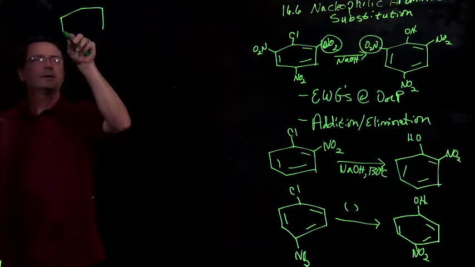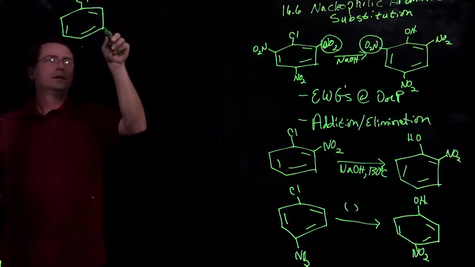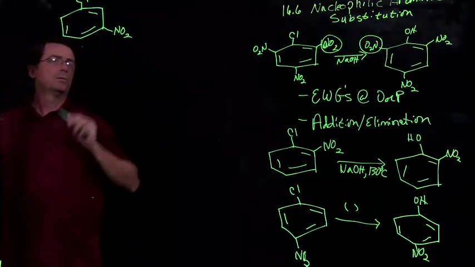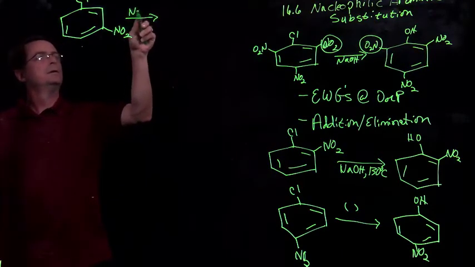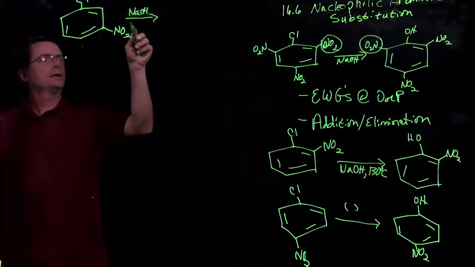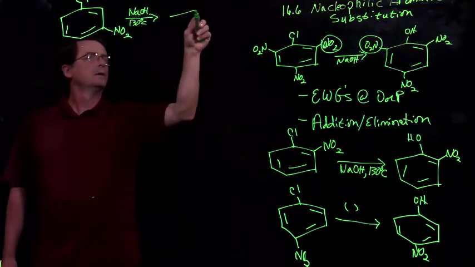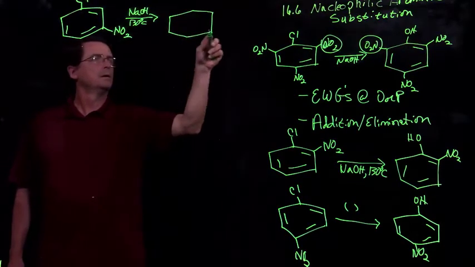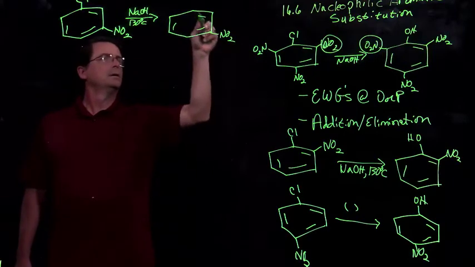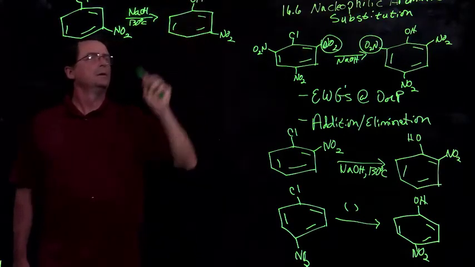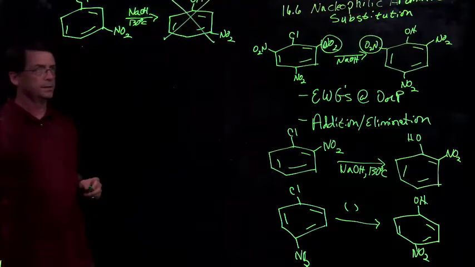But let's now consider the other isomer. Can you draw the third isomer where the nitro group is in the meta position? Sodium hydroxide, 130 degrees Celsius. We do not get the product in this case.